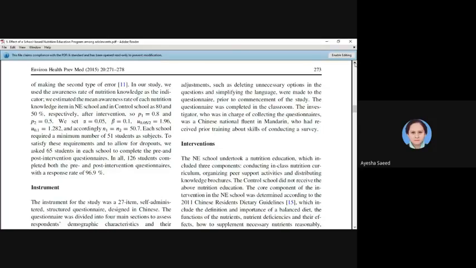The questionnaires were completed in the classroom. The investigator who was in charge of collecting the questionnaires was a Chinese national fluent in Mandarin who had received prior training in conducting surveys. So again and again, they are explaining how they ensured quality in data collection.